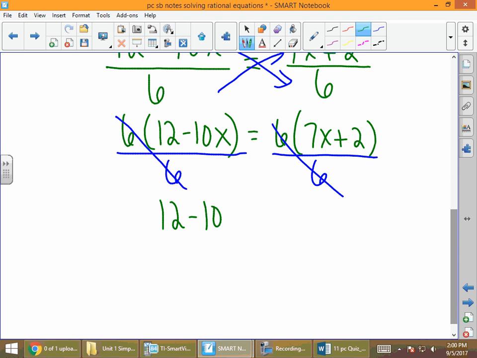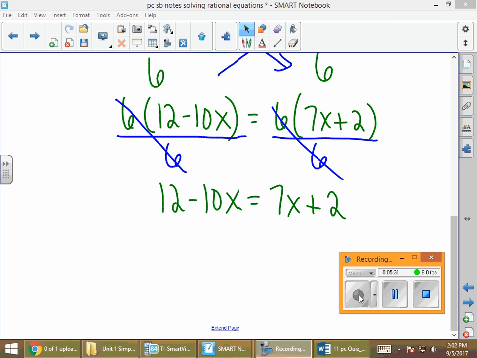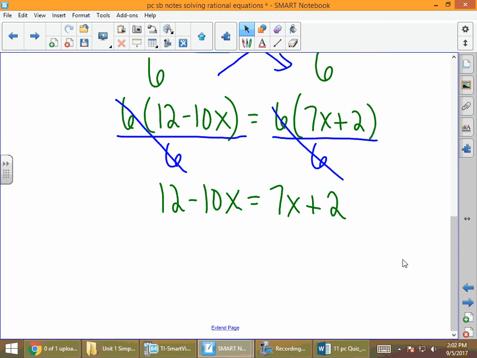We have 12 minus 10x equals 7x plus 2. You with me? We canceled out the 6's because there was a 6 on the left side and a 6 on the right side. So we were left with 12 minus 10x on the left side and 7x plus 2 on the right side. And now we can solve.